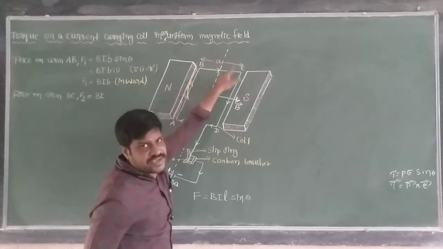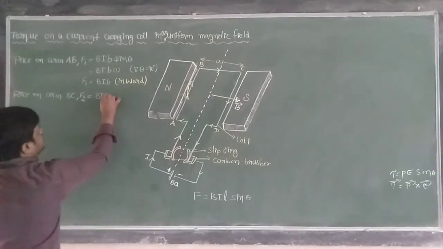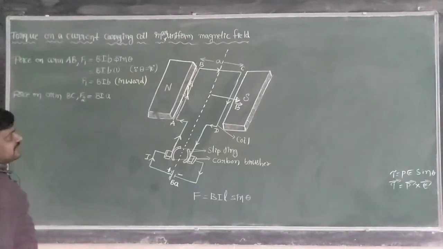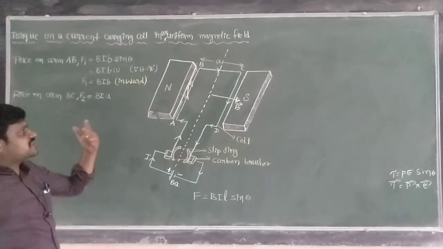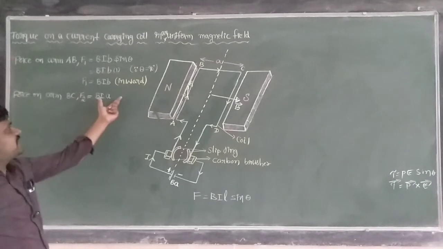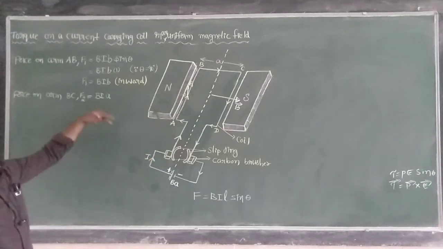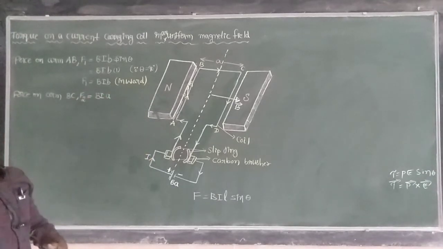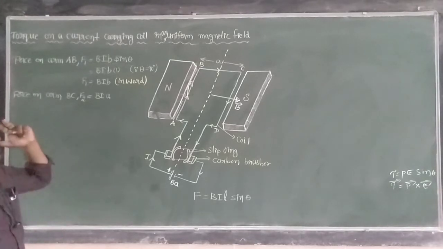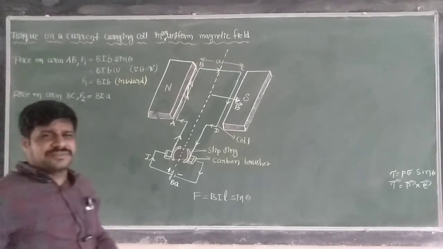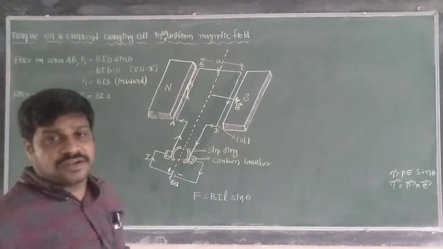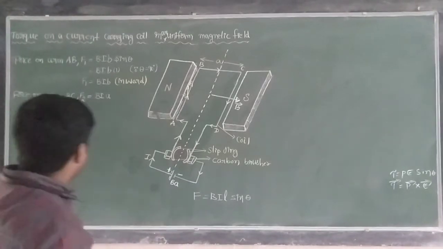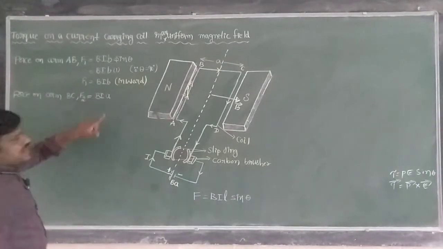It is nothing but a. So take a here. Sin theta is 1, because in all cases the current is perpendicular to the direction of the magnetic field. So this is nothing but BIL.